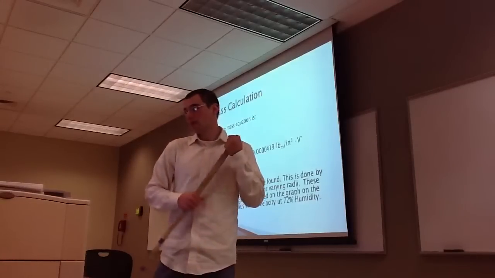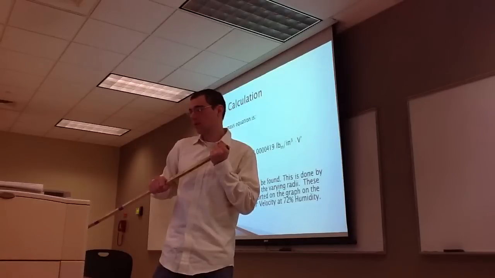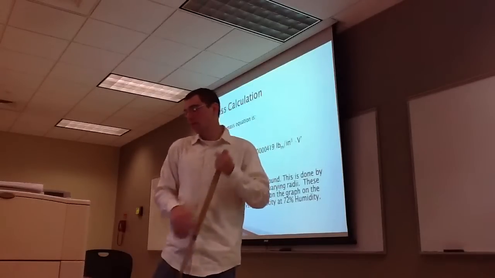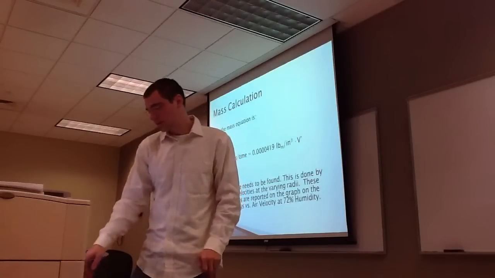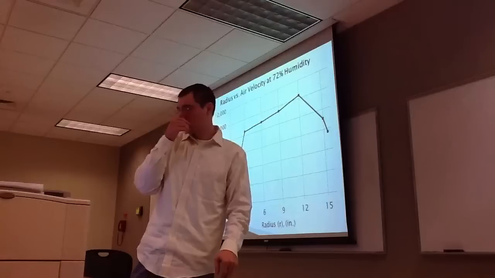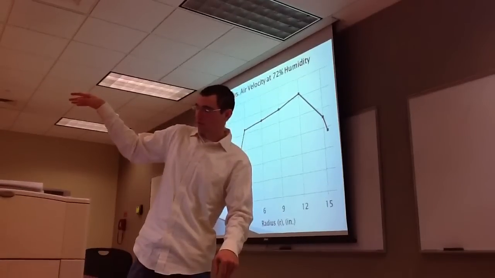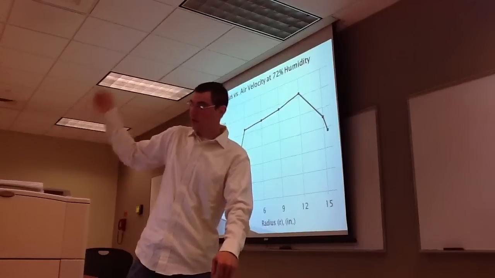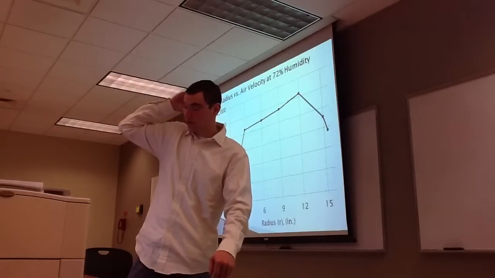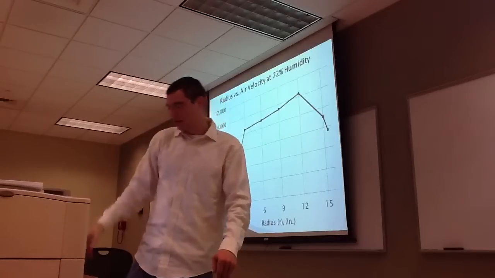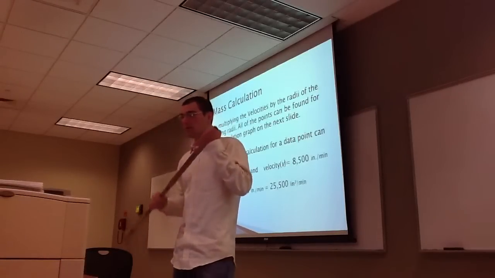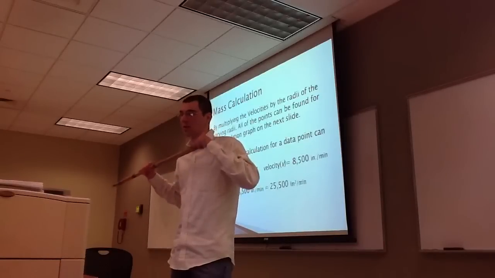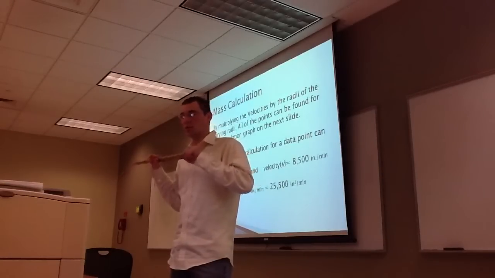So now that we have the density, we have to find the volumetric flow rate. To do this, we found the speed of the air velocity at each radius, which we then multiplied by the radius to get a total correlation.